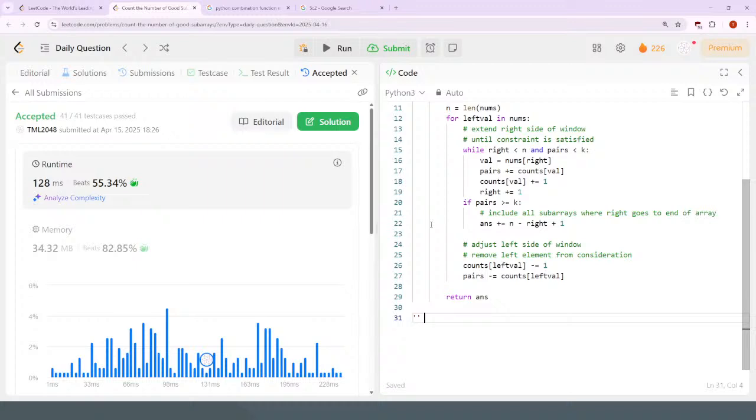Good enough. Summary. This is sliding window technique.